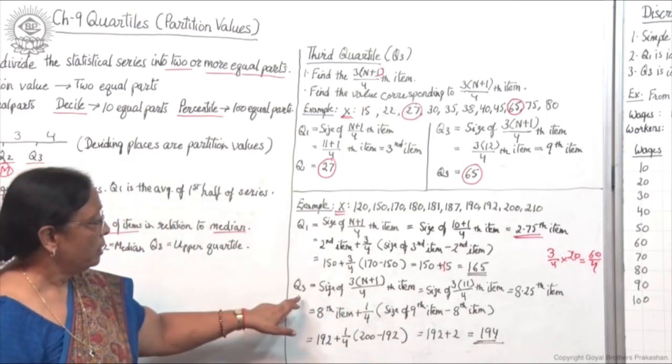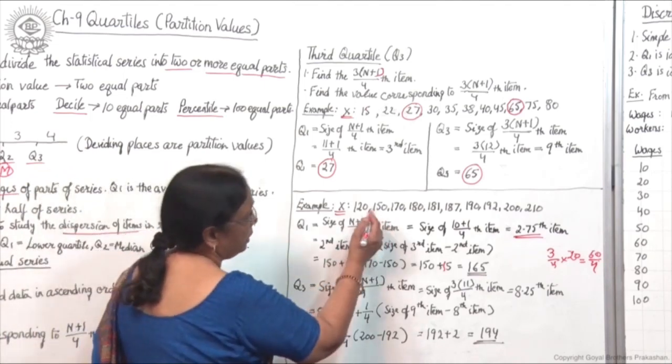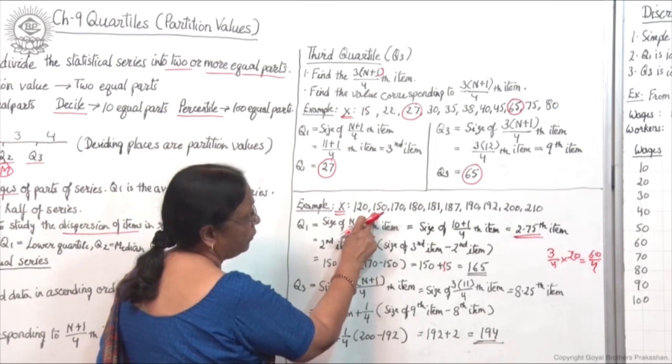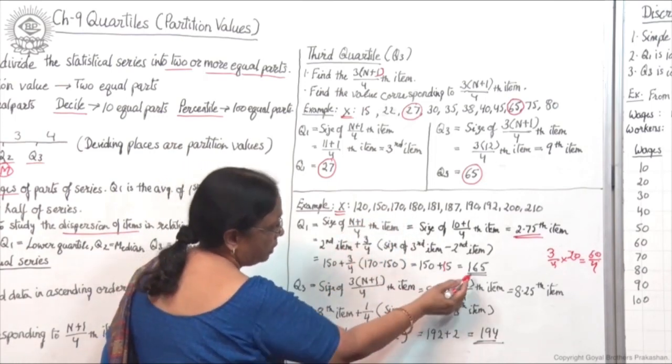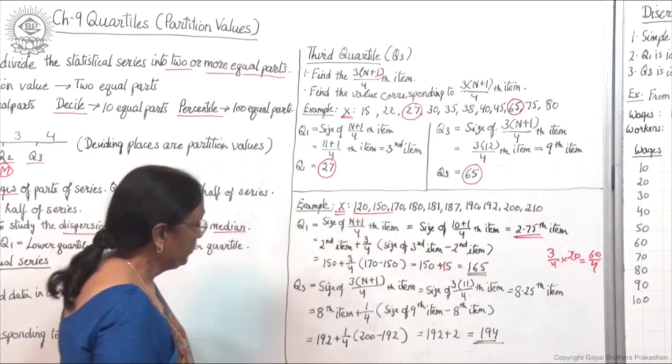Clear? This is Q1. So Q1 is in between, more than 150 and less than 170 because it is 165. So Q1 is in this series.